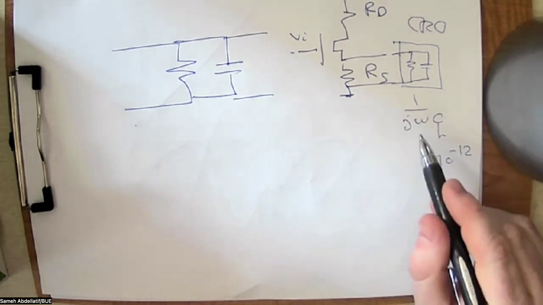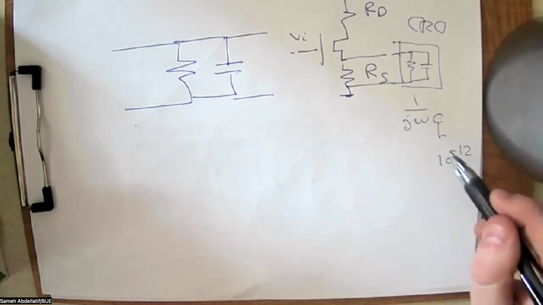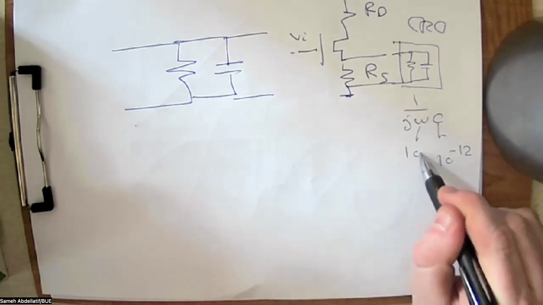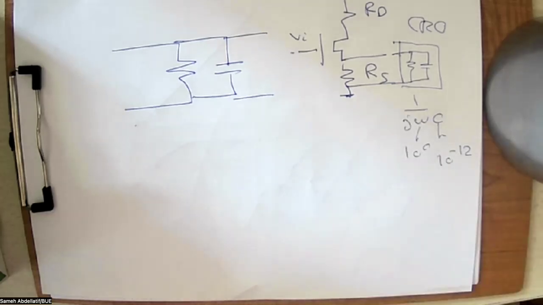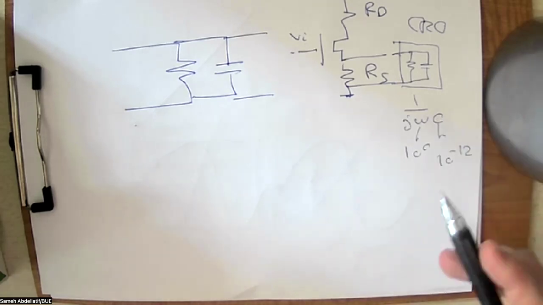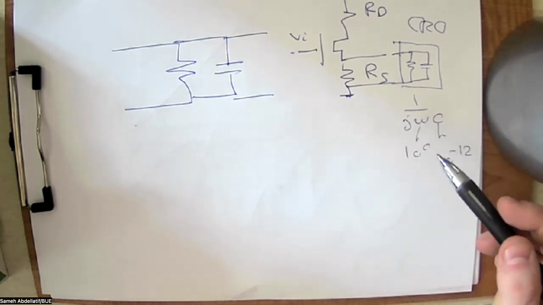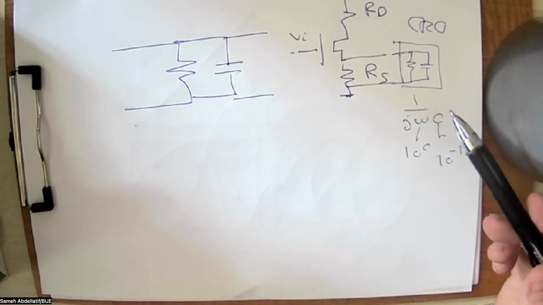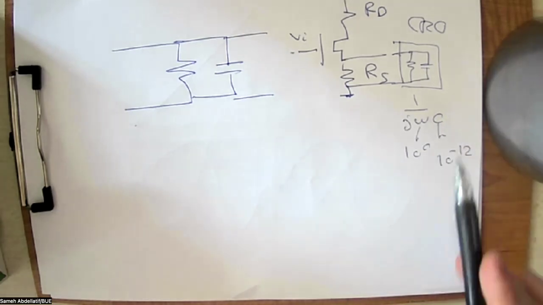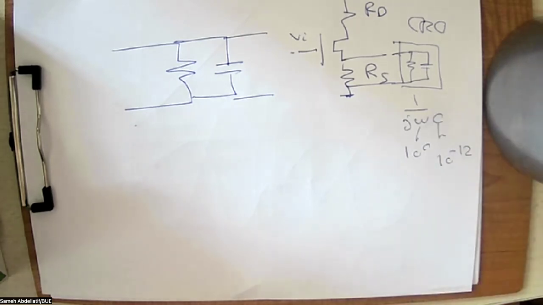So if you are working, for example, in the megahertz, so let's say this is 10 to the power 6, this will lead to an equivalent of 10 to the power negative 6 in the denominator, which means 10 to the power 6 in the numerator, which is a very high impedance, so you can ignore it as an open circuit condition.